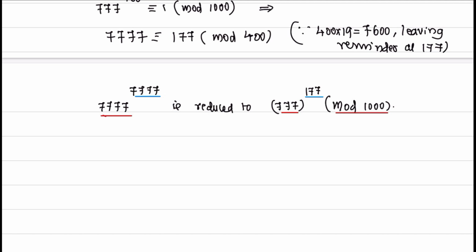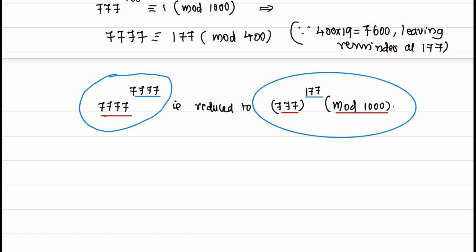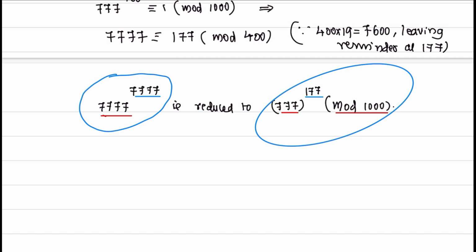We are going to solve this problem. This problem and this both are equivalent. Now, this is from Euler theorem.